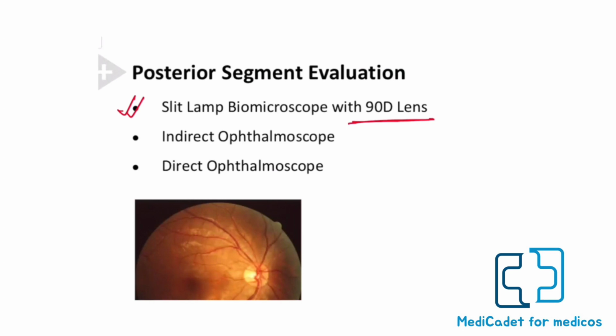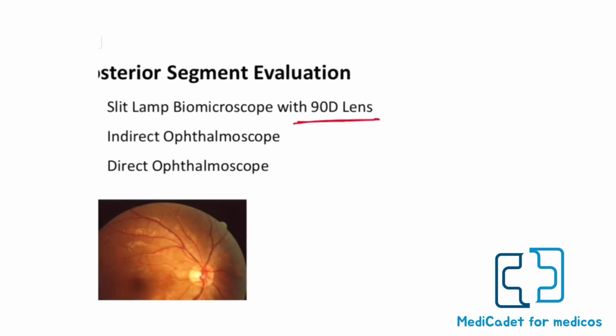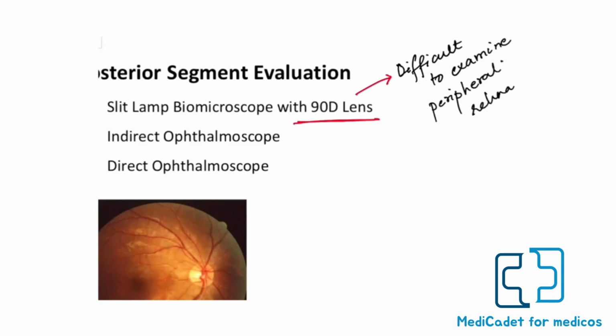But this method has its limitations because it allows us to view only the central part of the retina. You can get a good view of the central retina, but it is difficult to examine the peripheral retina with the help of a slit lamp and 90D.